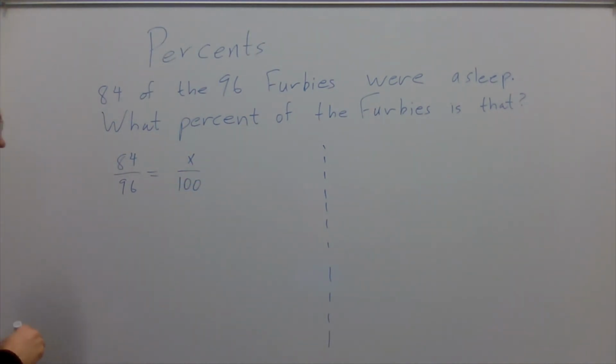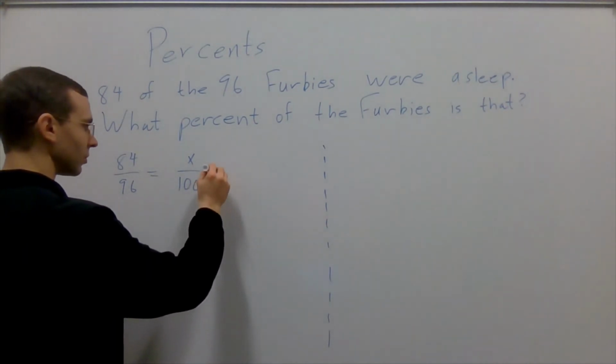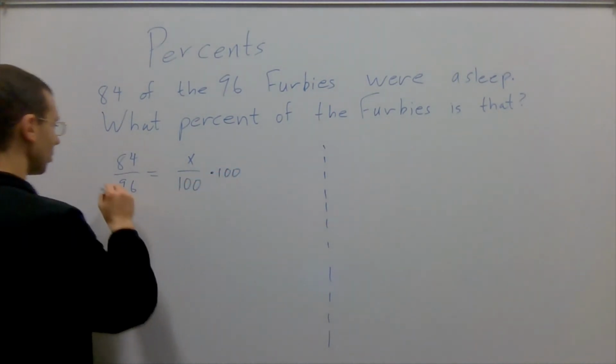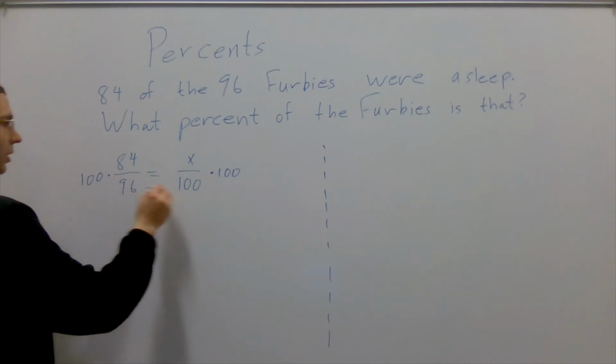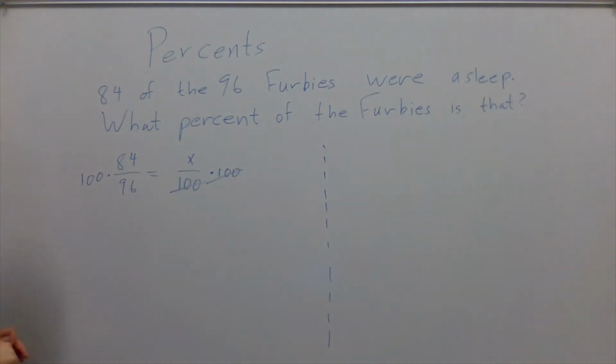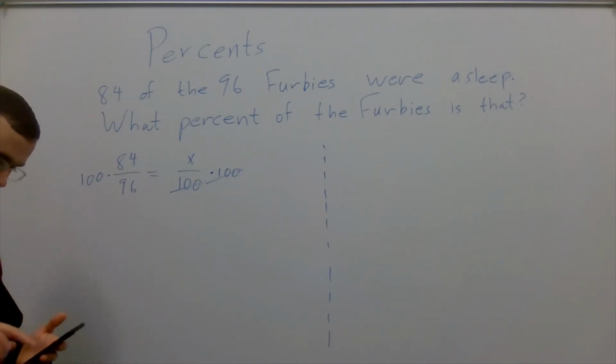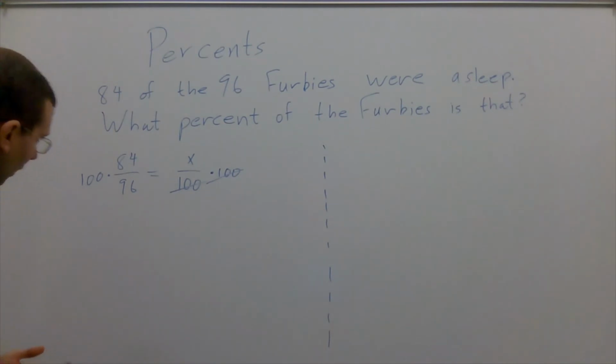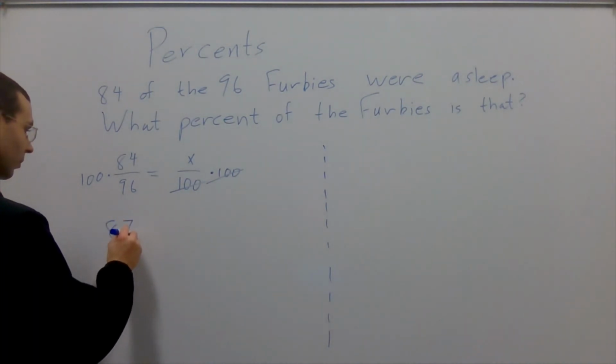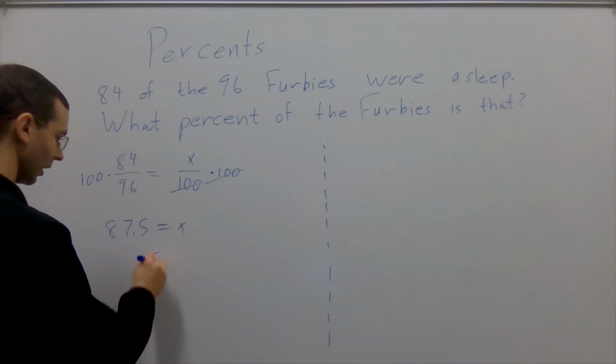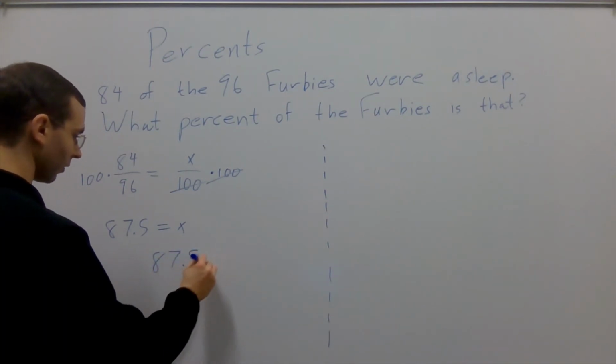I won't reduce this time just for the sake of seeing how that rolls. Here I'm just going to use my calculator to make life simple. 8,400 divided by 96. Get 87.5, so 87.5%.